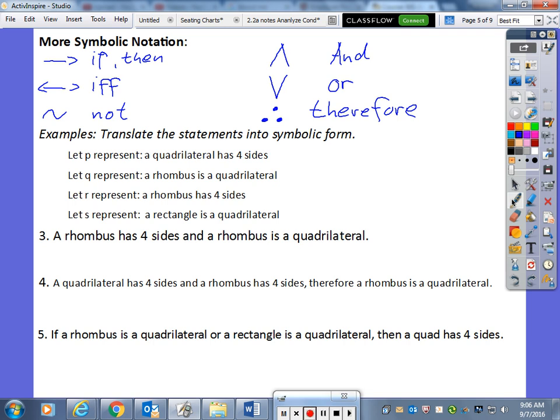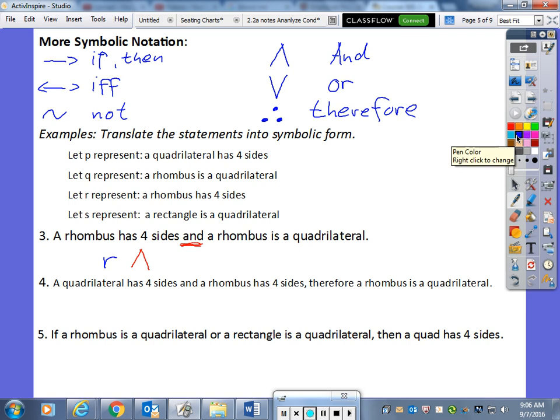A rhombus has 4 sides, so that is R. And a rhombus is a quadrilateral. So for and we use our almost A shaped symbol. A rhombus is a quadrilateral.